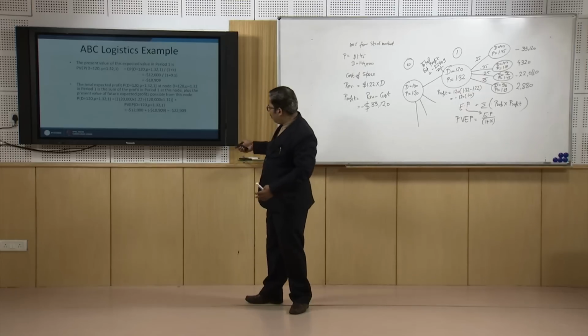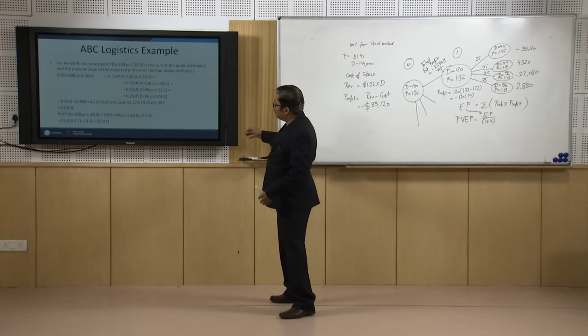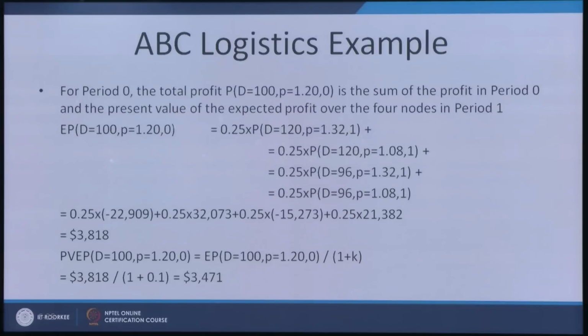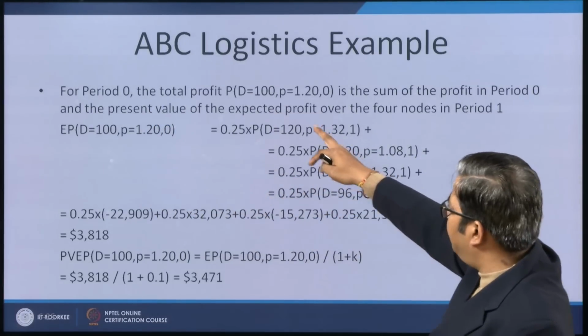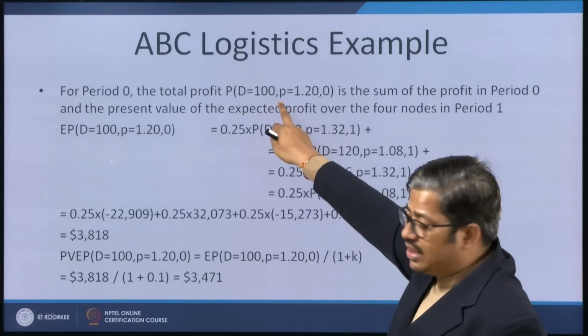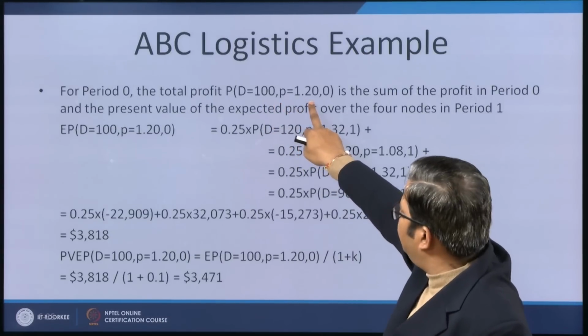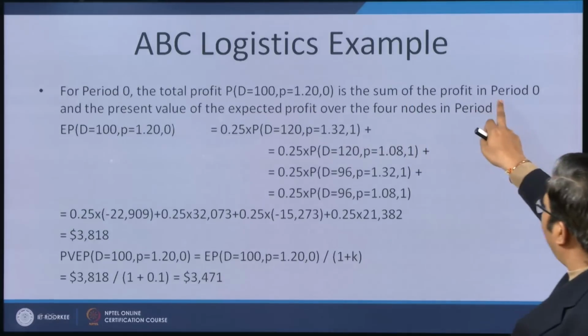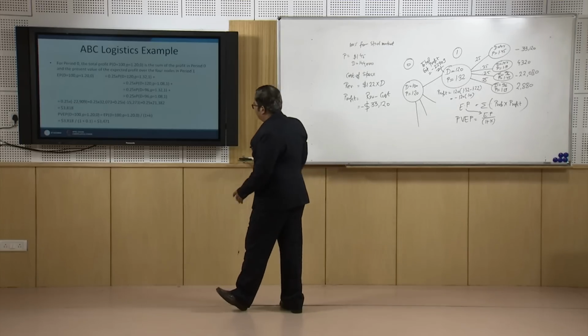So, let us see on these slides how the table emerges. For period 0, the starting period, the total profit for the original state, that is 100 units is the demand and the initial price was 1.20, is the sum of the profit in period 0 and the present value of the expected profit over the 4 nodes of time period 1.